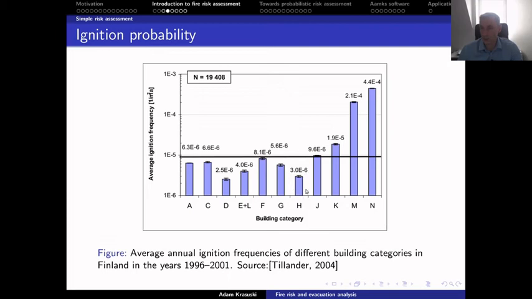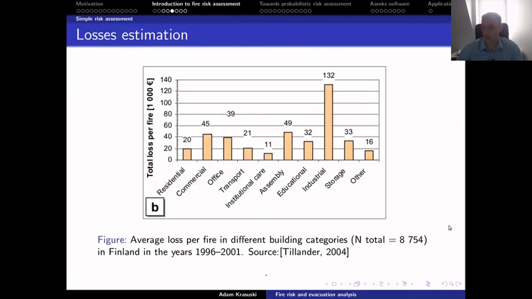So we have the probability of fire ignition in this type of building as 3 times 10 to the power of minus 6, per 1 square meter. Okay, so we have the probability of fire ignition, and the consequences.